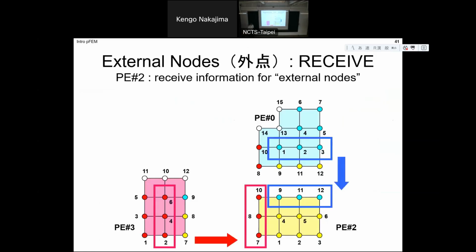In the case of the external node, we are receiving. Process 2 has these 6 external nodes, and this part is receiving from process 3, and these 3 are receiving from process 0. In this case, you can see the numbering is not continuous.